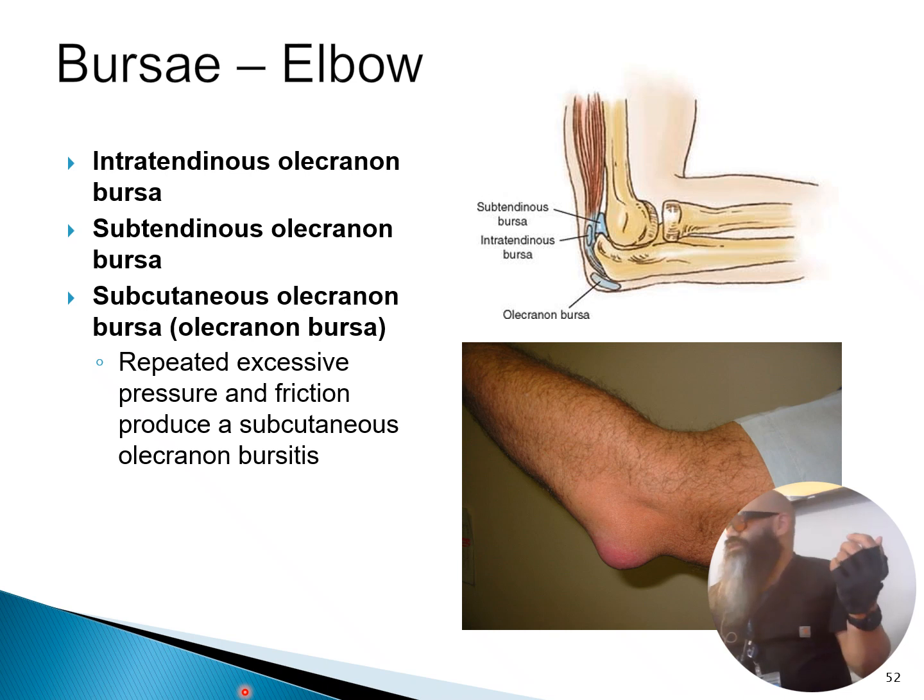We can treat this many ways. I make multiple puncture wounds with my needle, because if I just do one puncture wound to put cortisone in there or exsanguinate it or draw the fluid out, it's going to eventually open back up sooner or later.